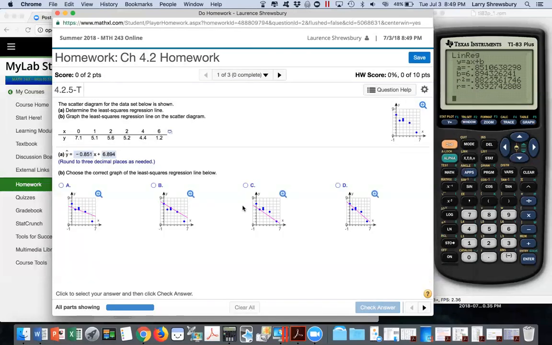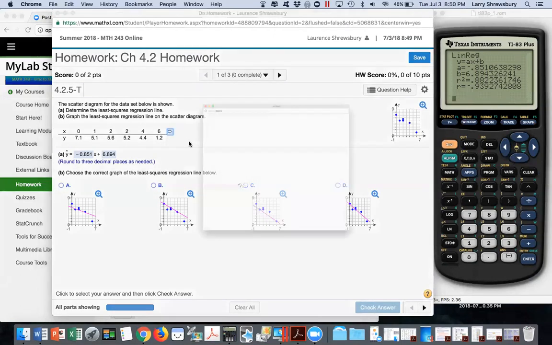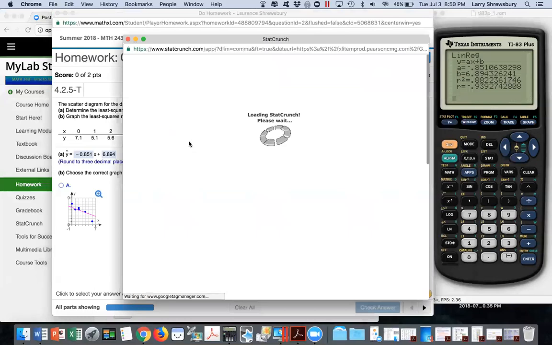Good. Now, let's choose the correct graph. Now for this, I will not ask you to make a graph or a scatter plot on the test. Okay, so for this one, you could go ahead and let StatCrunch do that for you.